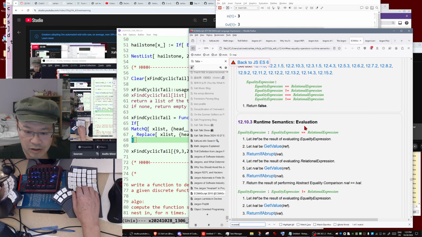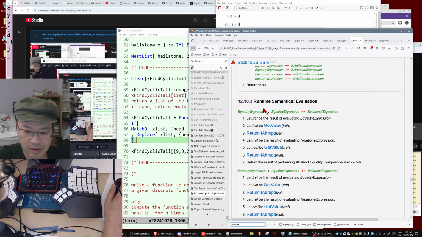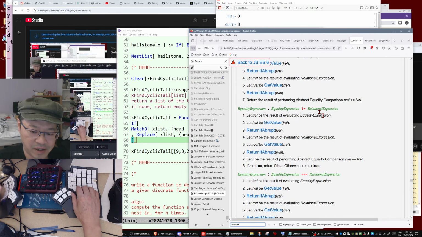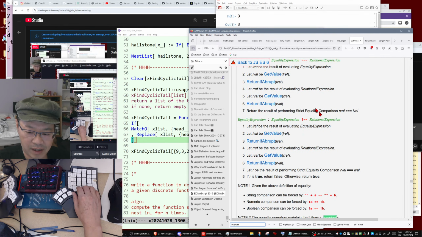This section is a specification of how JavaScript evaluation should behave. Okay, so equality expression, equality expression equal relational expression. JavaScript spec is very complicated, and a bad one, I would say.